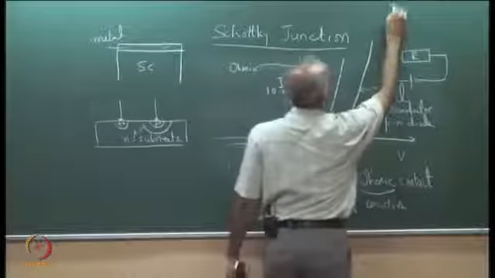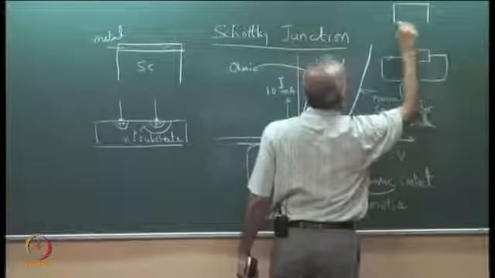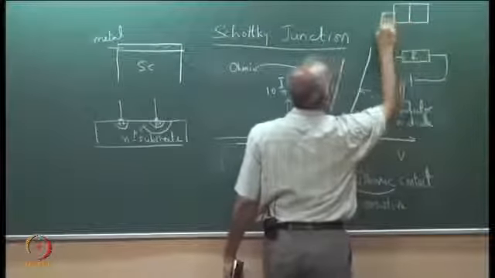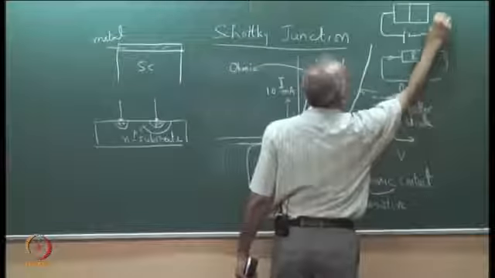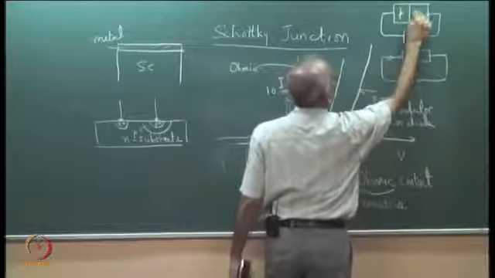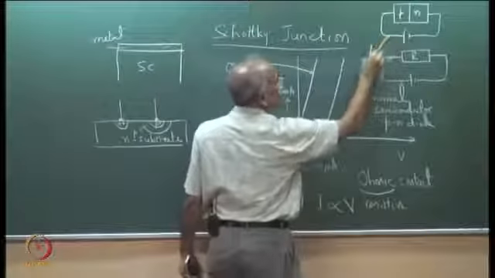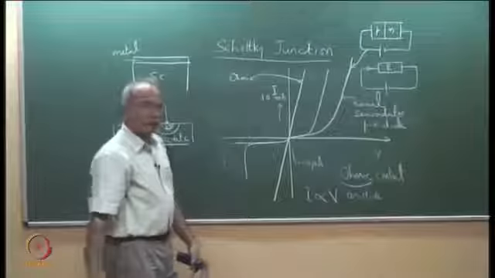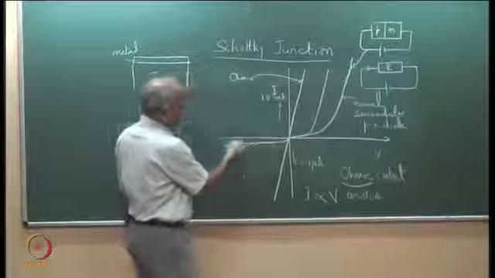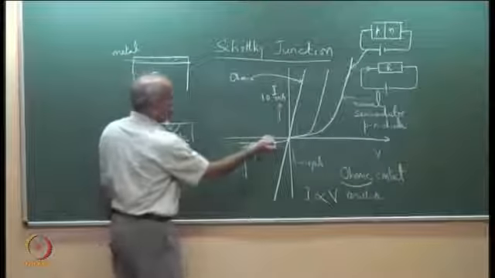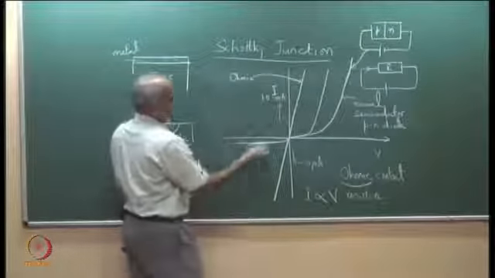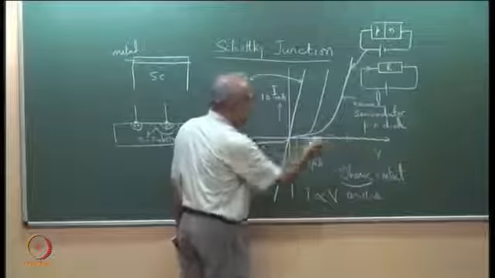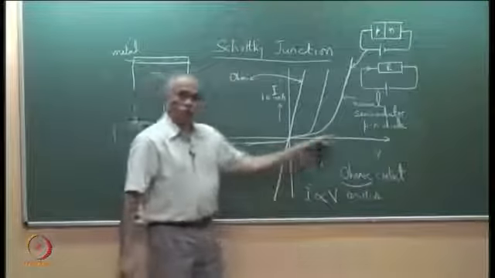This corresponds to forward bias, just elementary recalling. If you take a PN diode, this corresponds to the forward bias, whereas if you reverse bias, the characteristic will be like this. This will be tens of volts here, and this just a couple of volts.